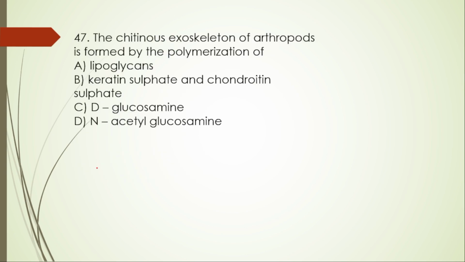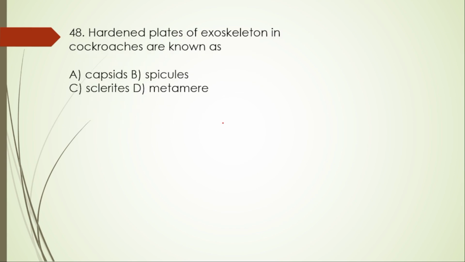47. The chitinous exoskeleton of arthropods is formed by polymerization of... lipoglycans, no. Keratan sulfate and chondroitin sulfate, no. D-glucosamine, no. N-acetyl glucosamine, this one is right. 48th one: the hardened plates of exoskeleton in cockroaches are known as... Capsids, no. That refers to the protein shells of viruses.